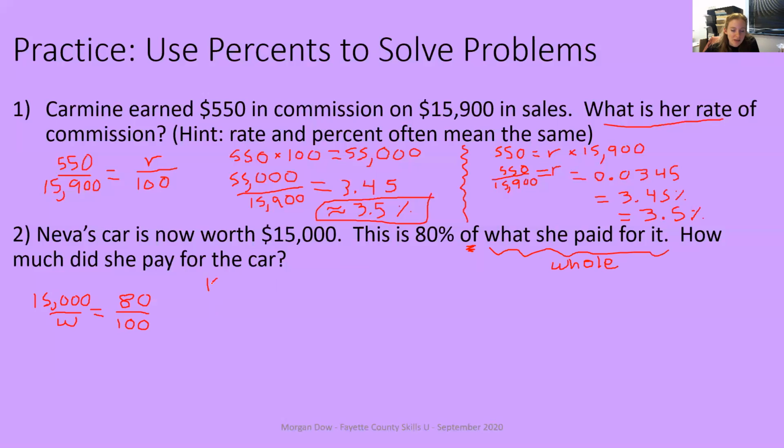So 15,000 times 100 is going to give you 1,500,000. You'll have 5 zeros. And now we divide. So we take that 1,500,000, divide by the number you haven't used yet, divide by 80.